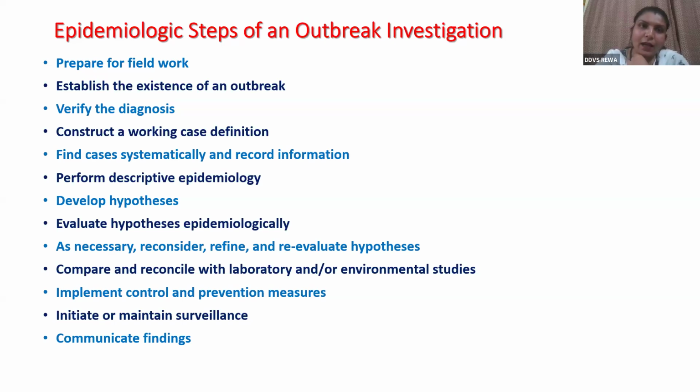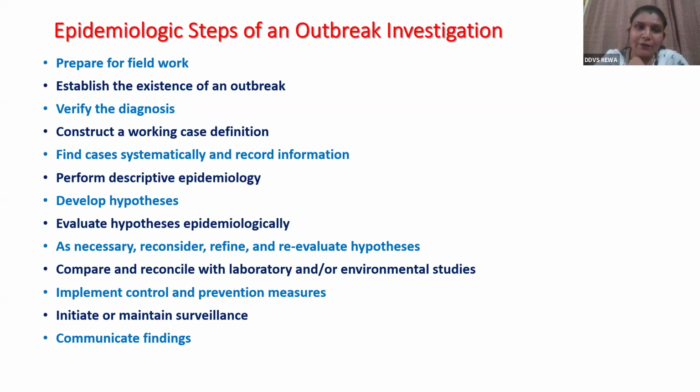Then after that, we have to establish whether there is an outbreak or not. So establishment of the existence of an outbreak is very important. Then we have to confirm the disease by confirmatory diagnosis. We also have to verify whether this is a known disease or an unusual illness occurring in the population.